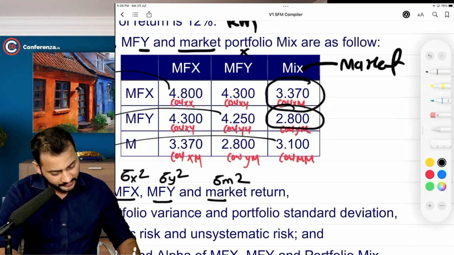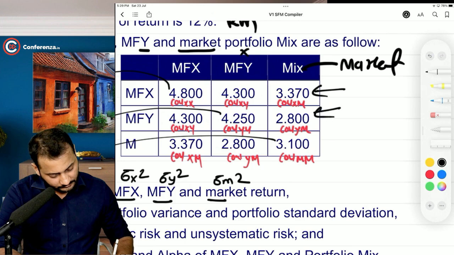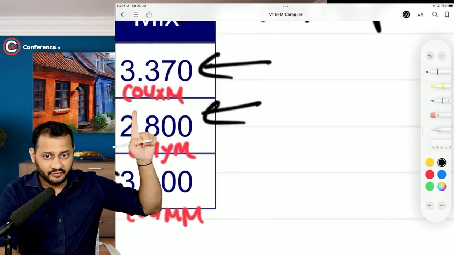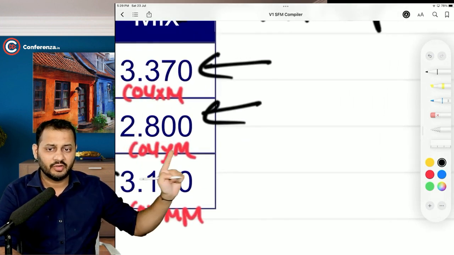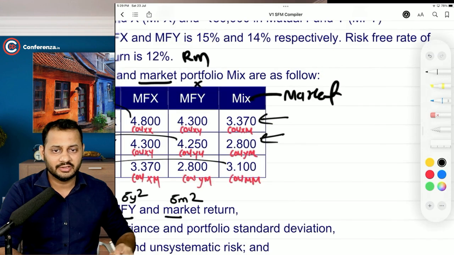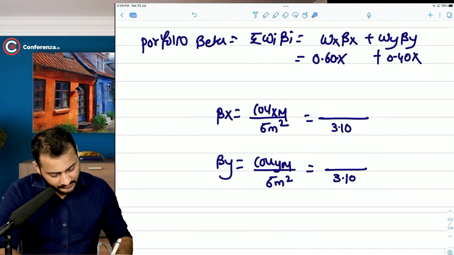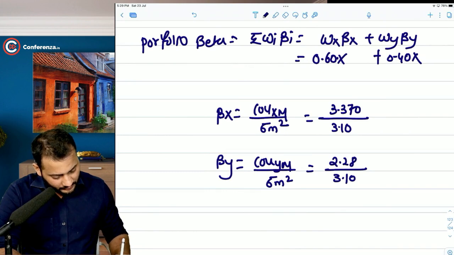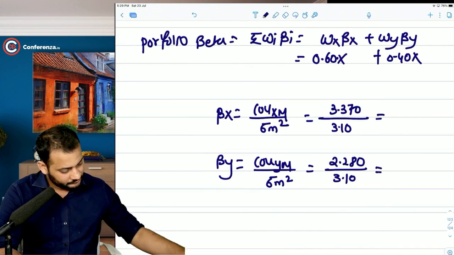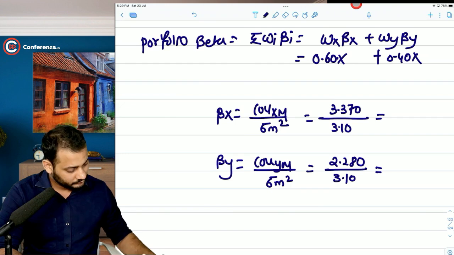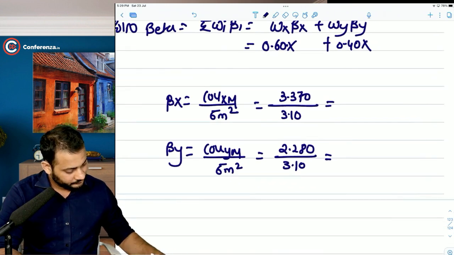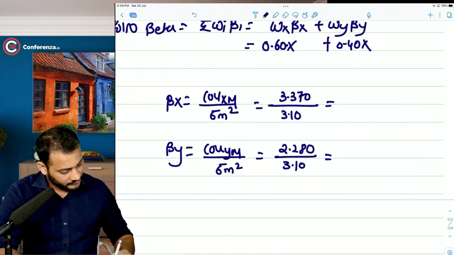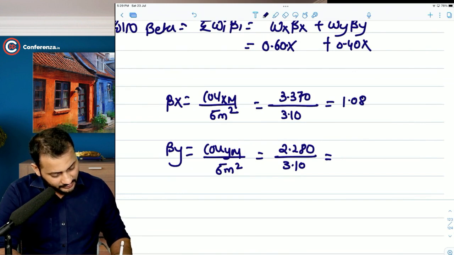See, covariance of X with M, covariance of Y with M. Already 3.37 and 2.28. So 3.370, 2.280. Let's find out. 1.087.